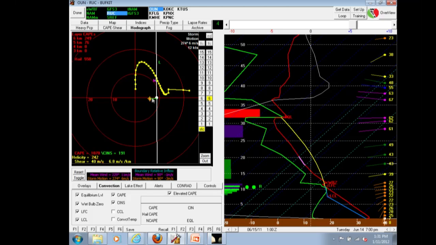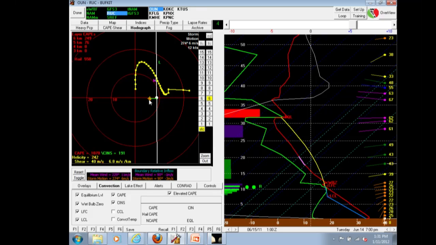So in a frontal-relative or boundary-relative space, all motion is relative to the boundary. On the hodograph here, this mean layer, the steering, is on the boundary. If I pick the boundary motion to the east at, let's say in this case, 8 or 9 meters per second, the mean storm motion will be on here for the mean flow.